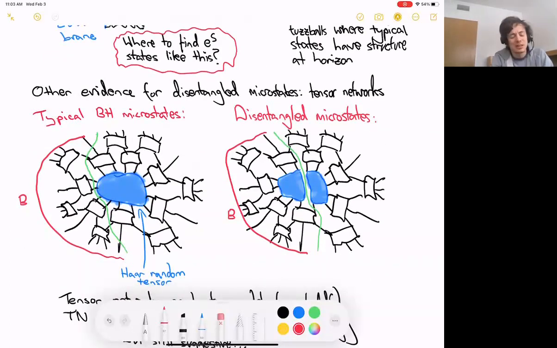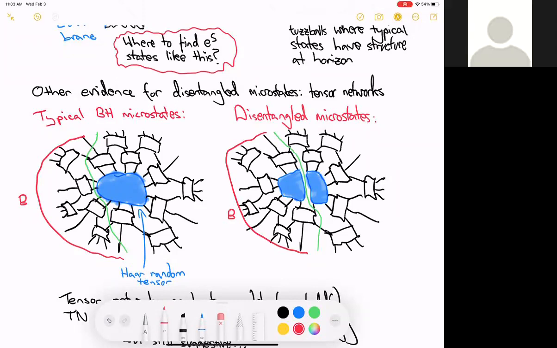Like these disentangled microstates. I'm really quite confident that you can't just take a tensor network like that and then actually get a state with the right energy. It will have support in a big range of energies, but the energy was a question that had to do with the picture of this state as a black hole.